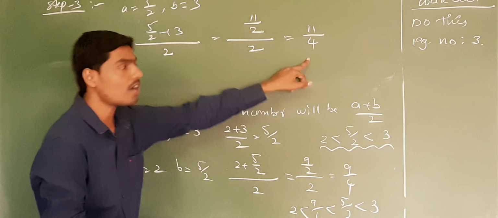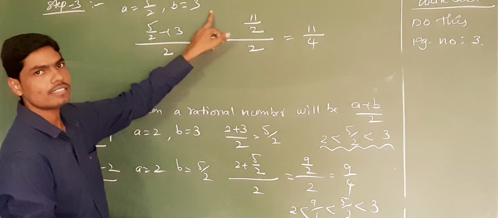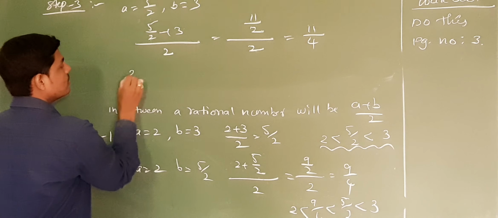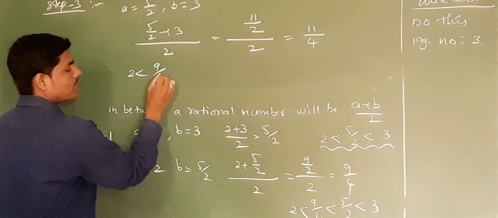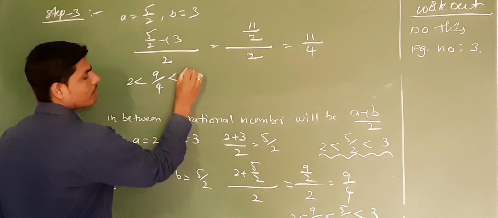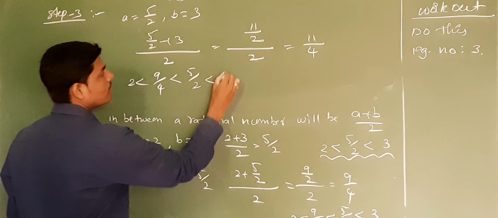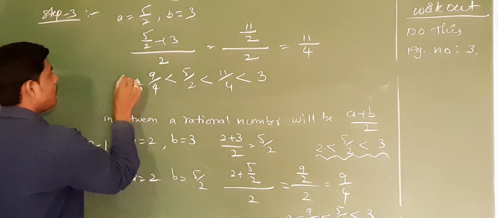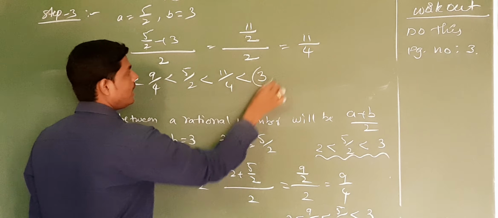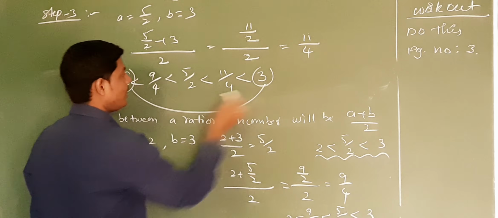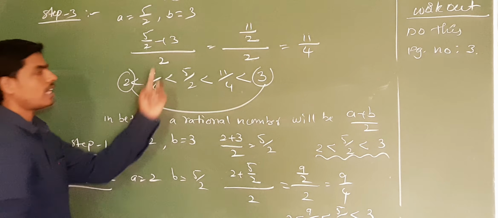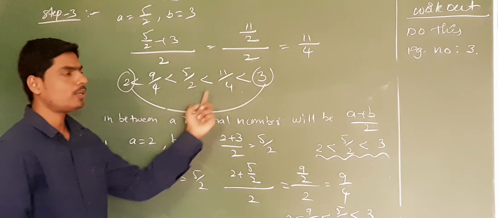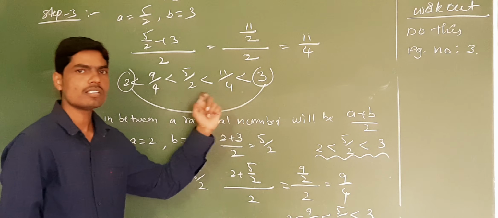It is in between 5 by 2 and 3. So I am writing here: 2 less than 9 by 4 less than 5 by 2 less than 11 by 4 and less than 3. Now in between 2 and 3, the required three fractions are 9 by 4, 5 by 2, 11 by 4. These are the solutions.